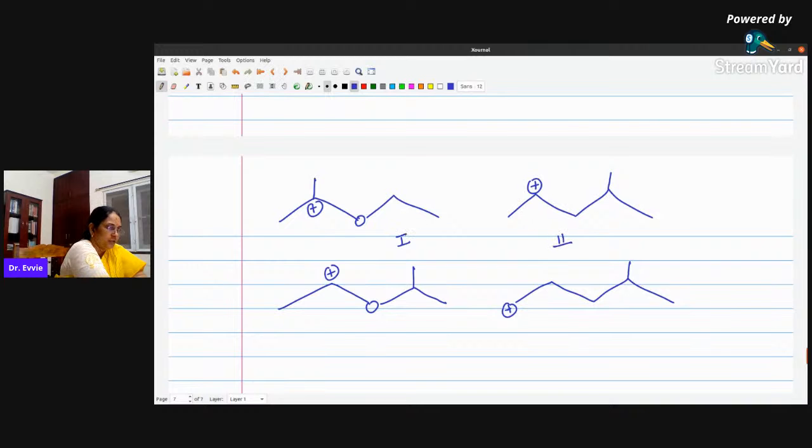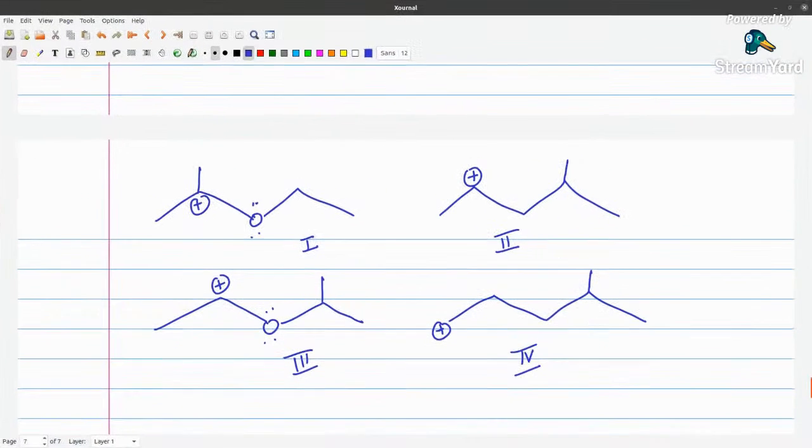One, 2, 3, 4. This is also a JEE question. Can you all try this? Which one will be more stable? Yeah. So here, oxygen will have a lone pair. I'm just giving you the complete picture. I have written all the carbocations. Okay, fine. Now you can try.